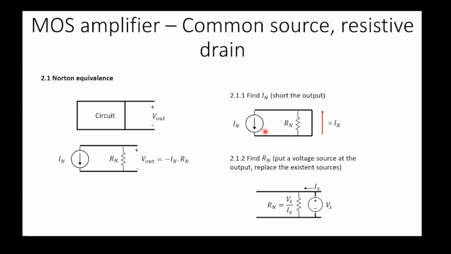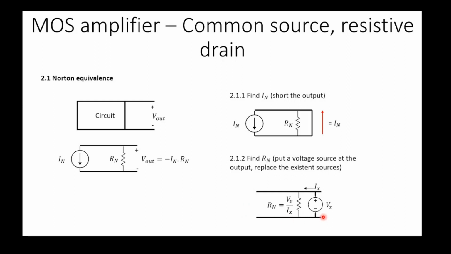The existing source in this case is the IN. It exists before we put this Vx, right? This is IN inside our circuit. So what kind of replacement should we make for our IN? We can say that IN should be 0. If the current is 0, the current source itself is open. That's why the current source is replaced by an open.